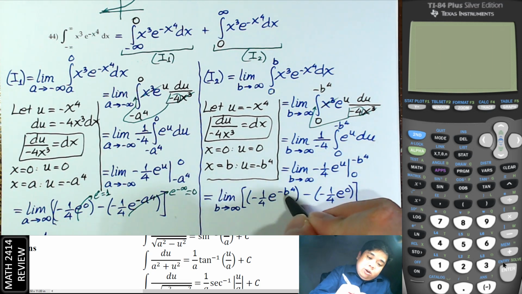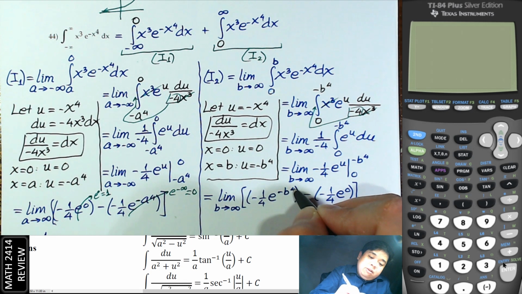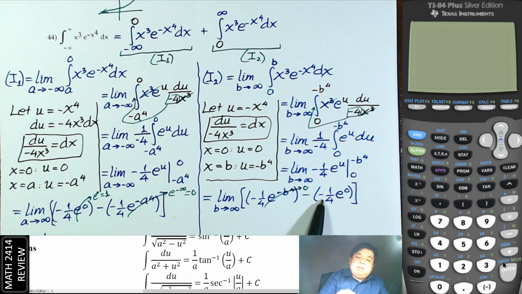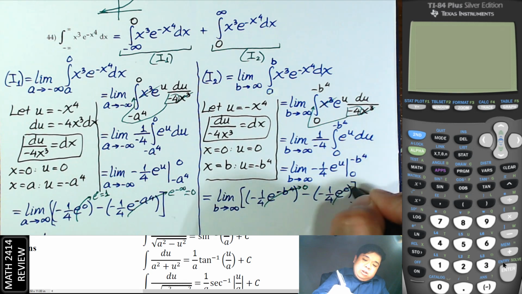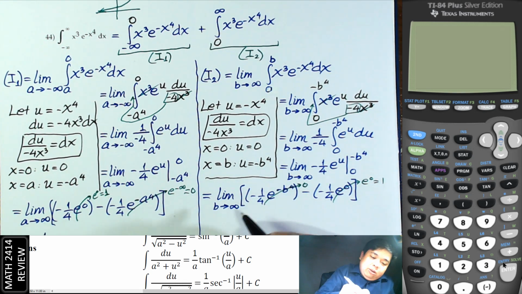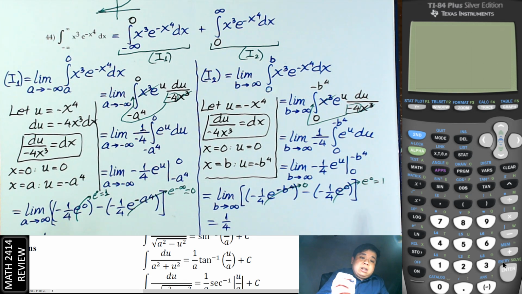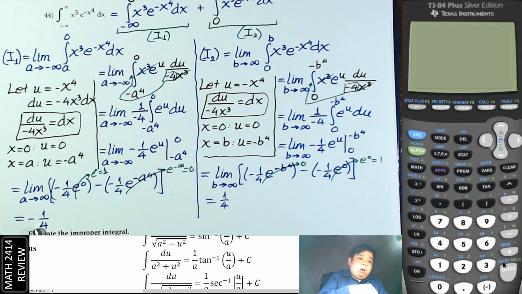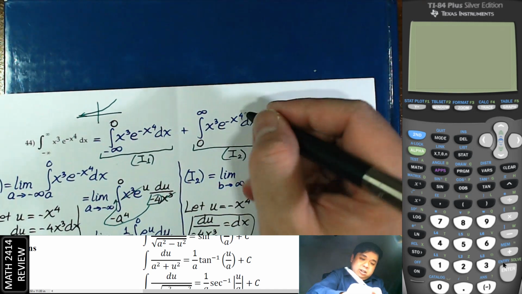Right, so again b goes to infinity, so negative infinity, and e to negative infinity is 0. So we just have negative negative, that's 1 over 4, and e to the 0 power is 1. So again we have this is 1 over 4. Right, so finally when we substitute back in, this is negative 1 over 4 and 1 over 4.